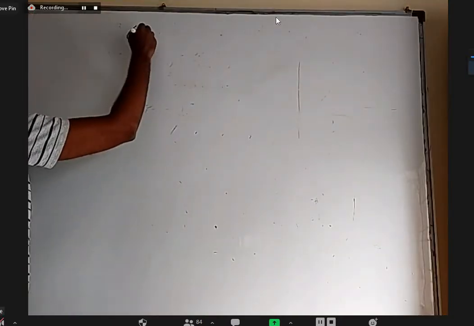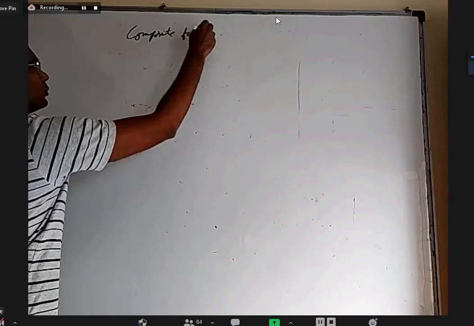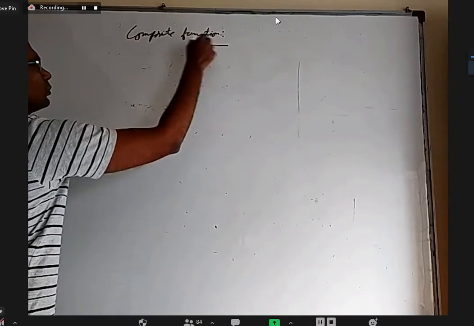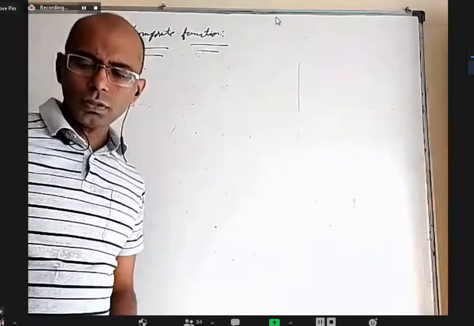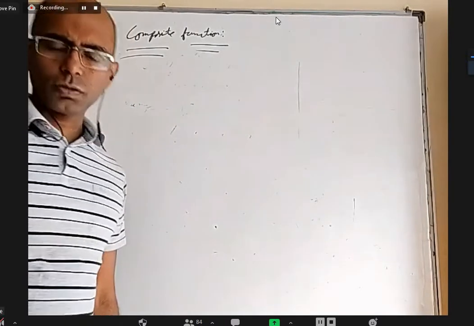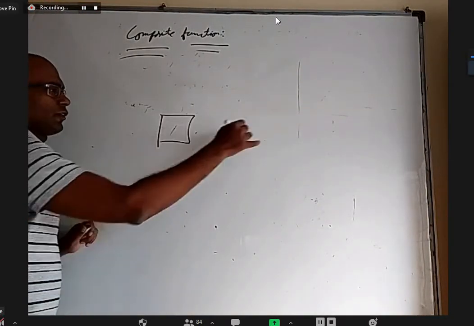All right, let us see composite function. Basically, what is this composite function? I'm sure in real life we come across it quite a bit. For example, let us say in a factory I have many machines.